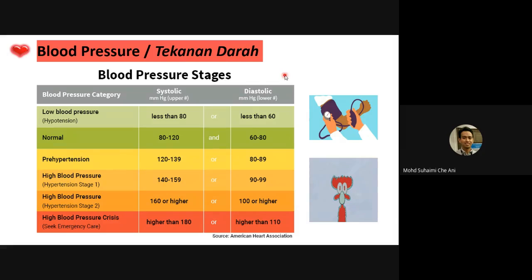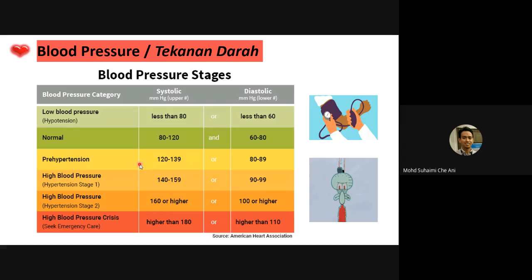Okay. Alright. So we'll continue. Actually I am using the laptop for the slides and the phone for the microphone. So if it is not clear, let me know. So I continue with the high blood pressure. The hypertension has different stages: pre-hypertension, stage 1, stage 2, and stage 3. So you look at the numbers. Between 120 to 139 systolic and 80 to 89 diastolic is pre-hypertension.